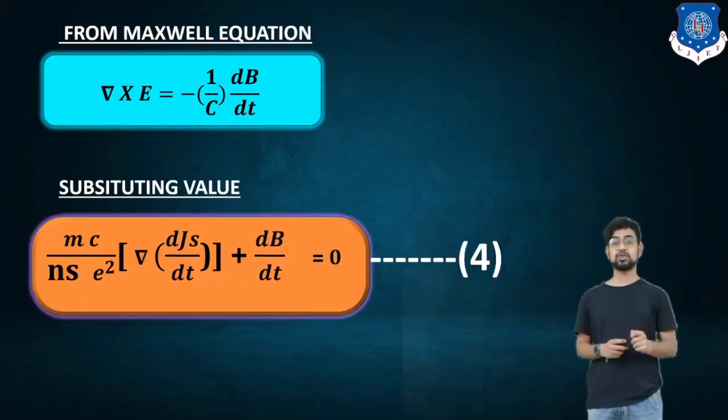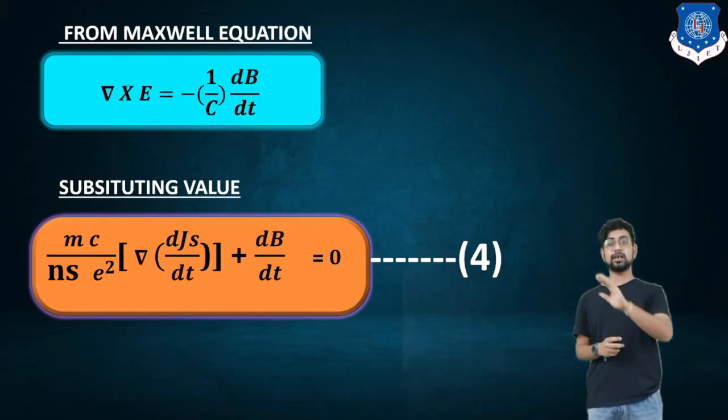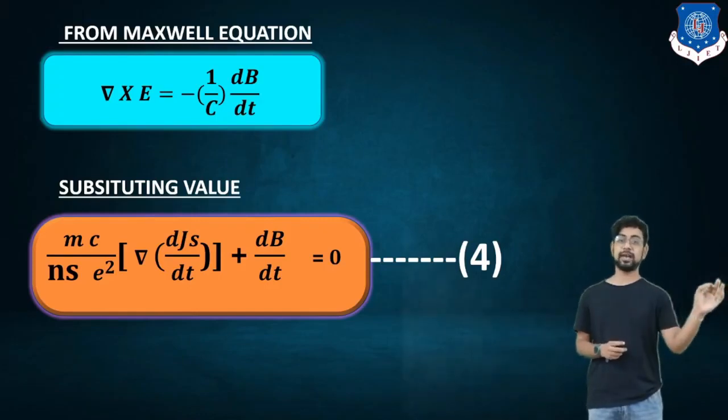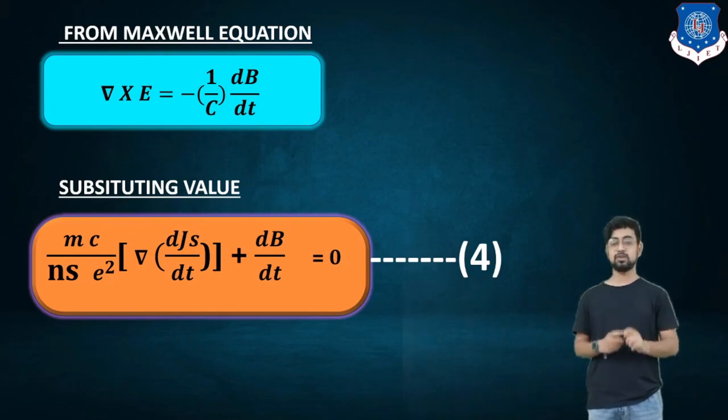That substitution gives us mc upon ns e square times curl of dJs/dt plus dB/dt equals 0. So what we did was substitute the value and bring all the terms to one side, equal to 0.